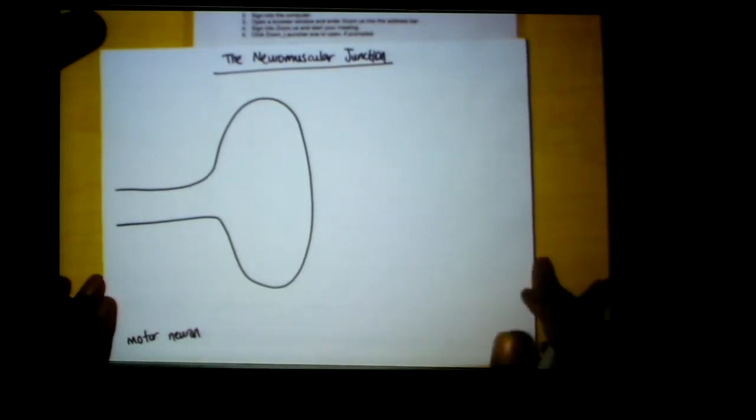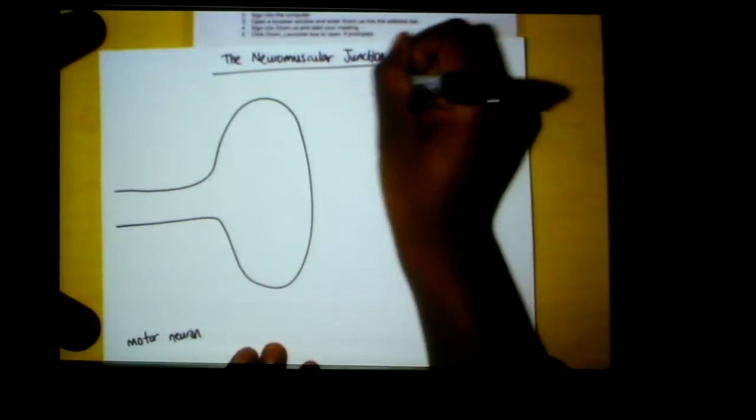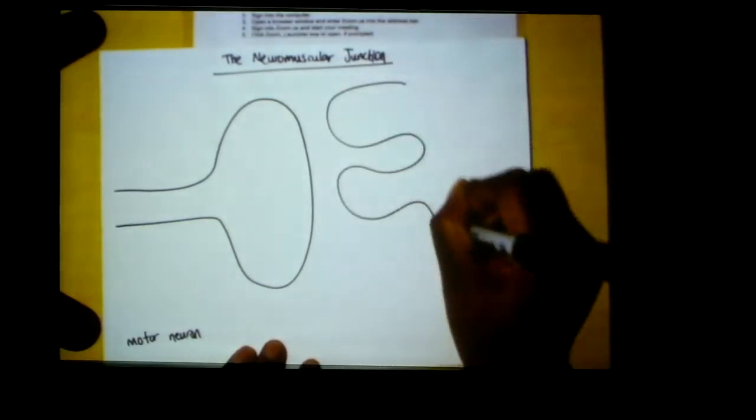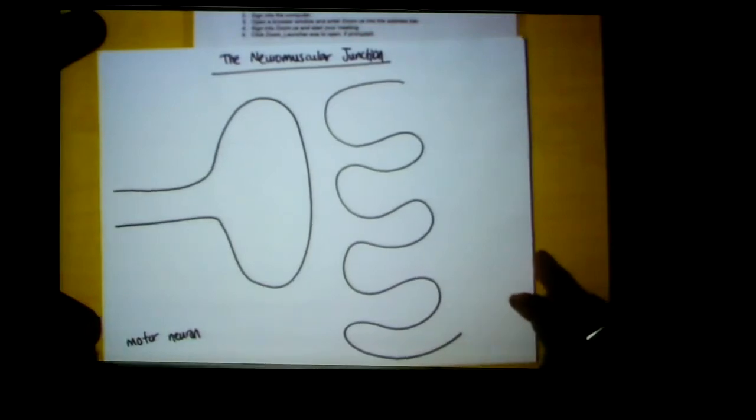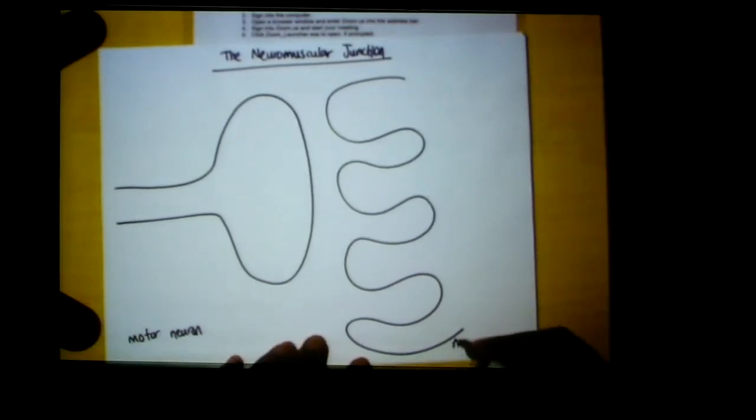Okay, so we're looking at the neuromuscular junction. And we know this is between a motor neuron and skeletal muscle, okay? So this is our motor neuron. And this is our highly folded skeletal muscle, okay? And we call this region the motor end plate, the motor end plate.